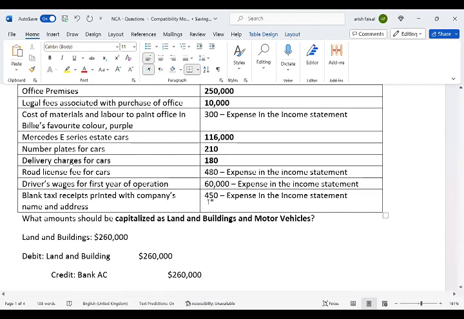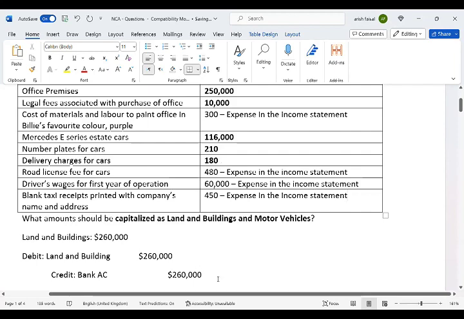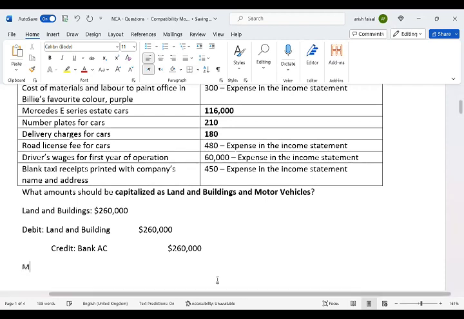So what we have over here is 116,000, 210, and 180. So this gives me a total of 116,390. So your motor vehicles will be capitalized at an amount of 116,390.